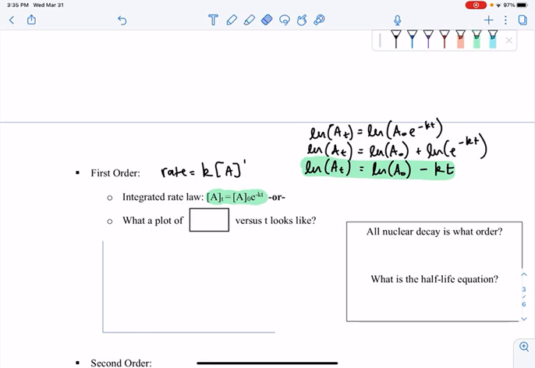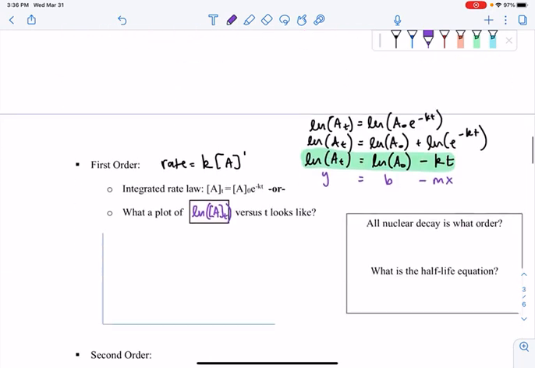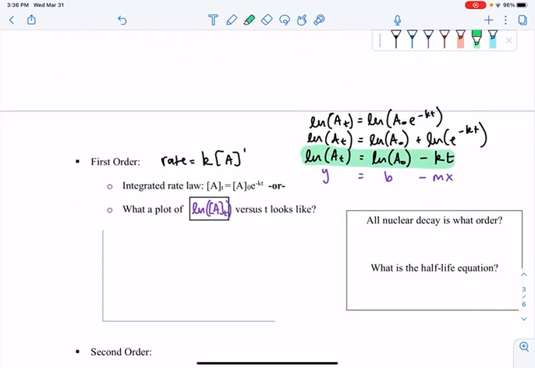You don't necessarily need to be able to derive that, but that's what I want you to focus on, because hopefully you see this also looks like y equals mx plus b. It's very similar. So if I make a plot of the natural log of the concentration of A versus time, not just the concentration, this time the natural log of the concentration, what should this look like?